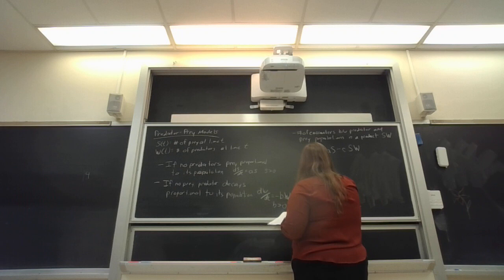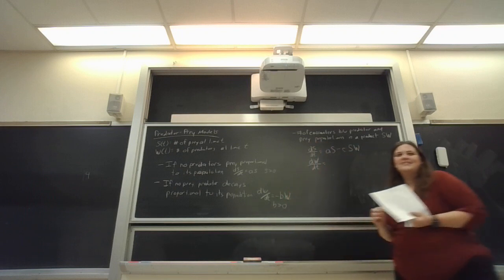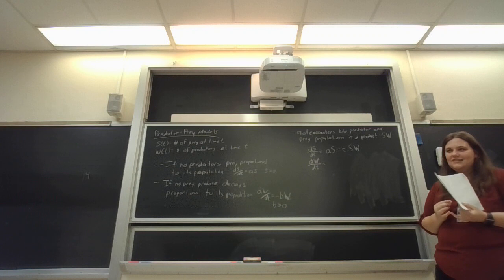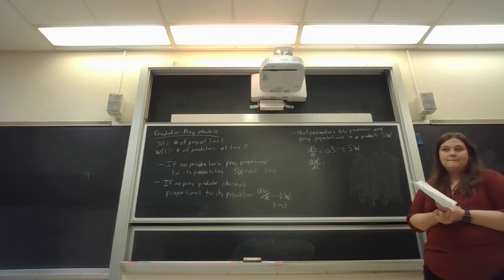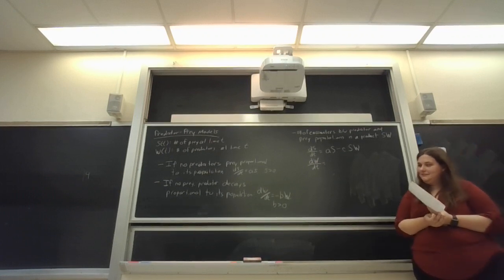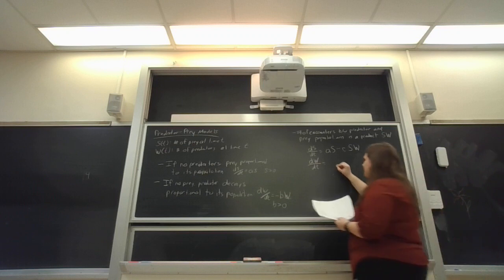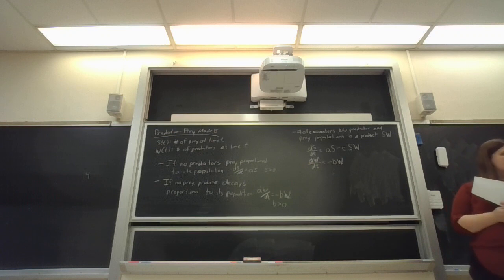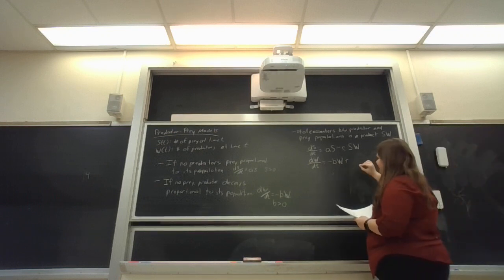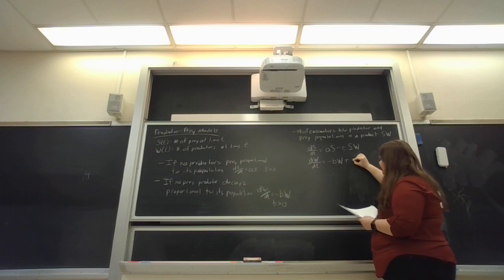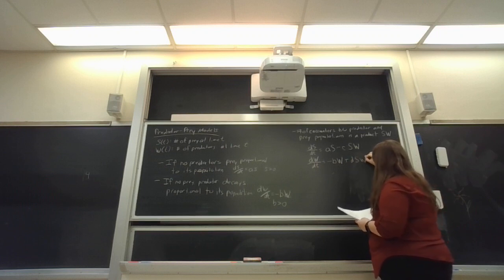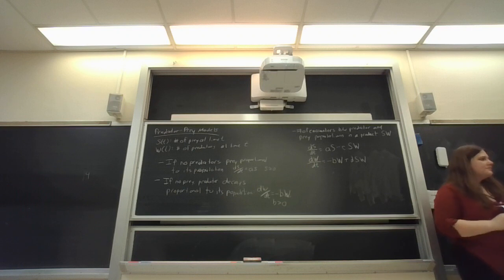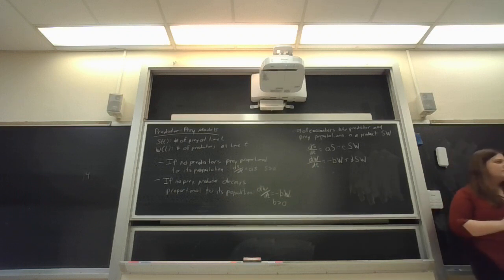Anybody think they have dW/dt? You know the start of it. Negative bW. Okay. Yes, plus dSW, measuring interactions between sheep and wolves.